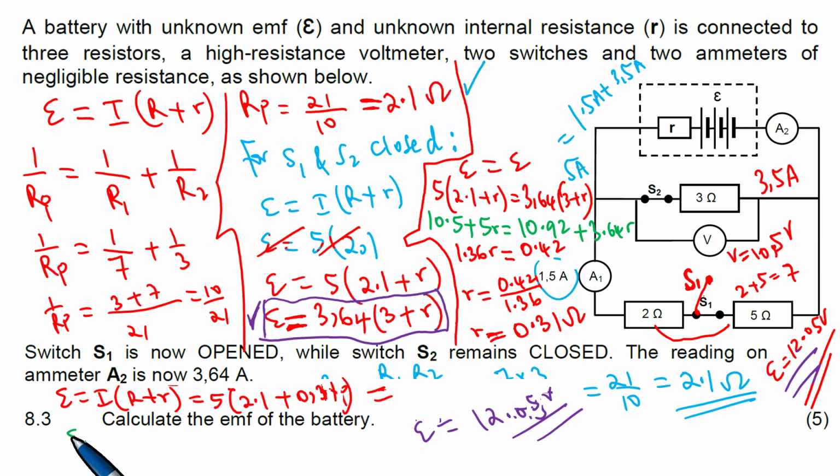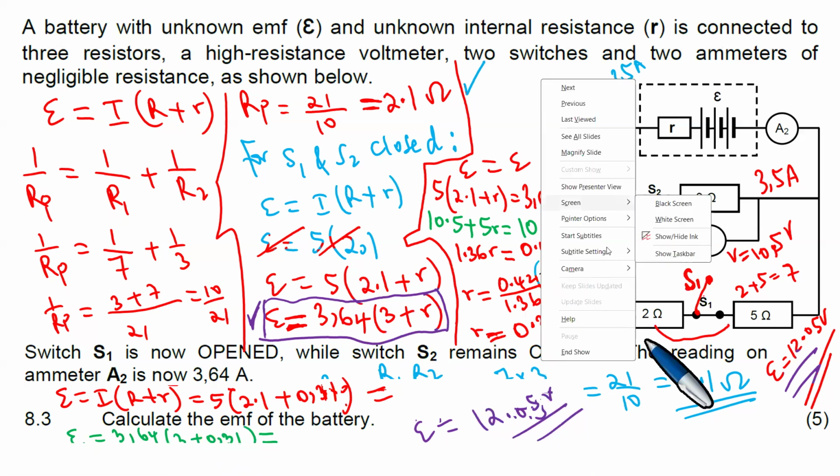So you can say, for instance, the EMF is I times, what is the I? It's 3.64, times 3 plus 0.31.